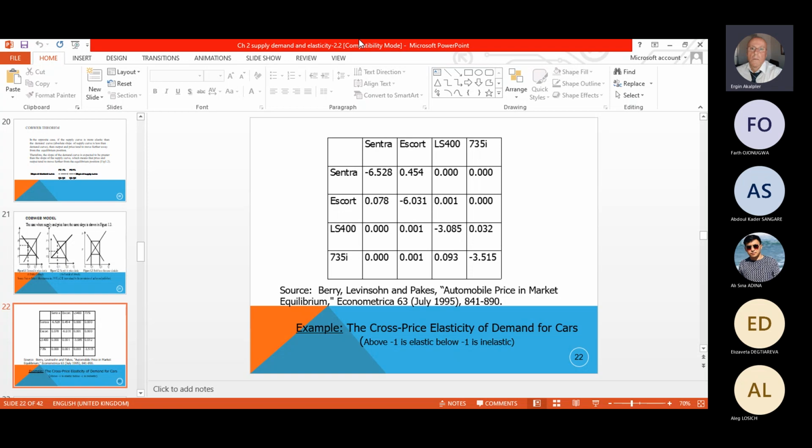As you see, between similar products we have elastic demand, and where preferences are affected by quality and standard, the elasticity becomes a little bit rigid, which is inelastic.